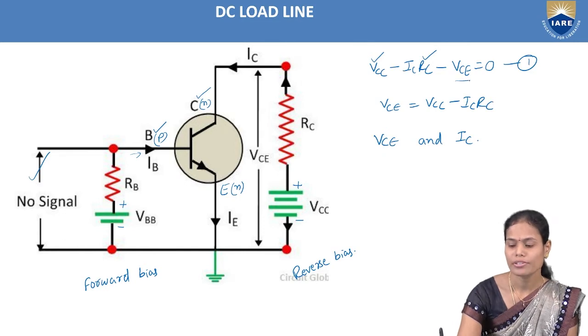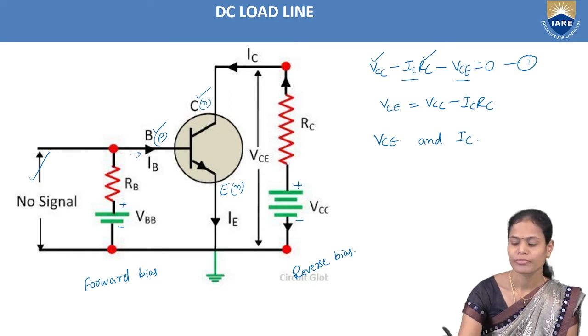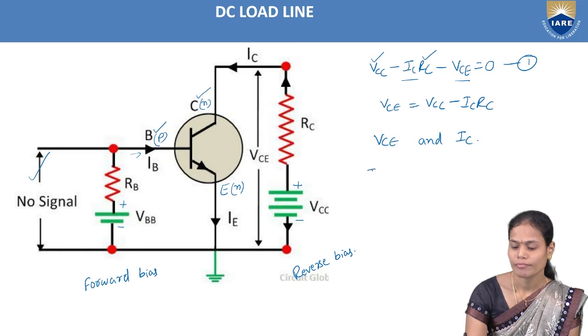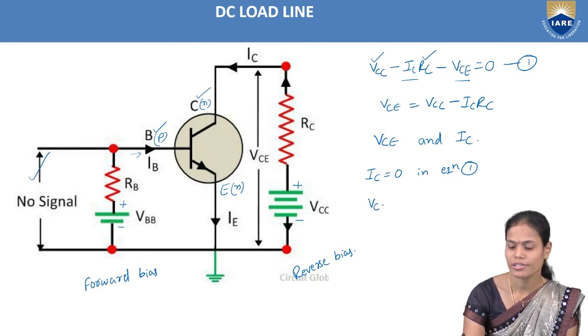So only the VCE and IC parameters are varying here. We need to calculate these two parameters. To find VCE, I am taking IC equal to 0 in equation 1. Once IC is equal to 0, we get VCE equal to VCC.